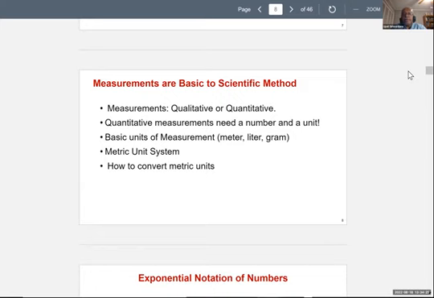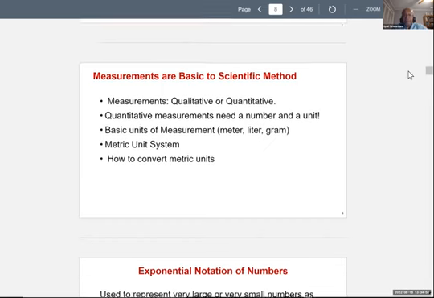Qualitative is just a statement: this car is faster than the other. Quantitative means this car travels 5 miles, the other car travels 10 miles. So a measurement has a number and a unit. There are 6 base units in the metric system.